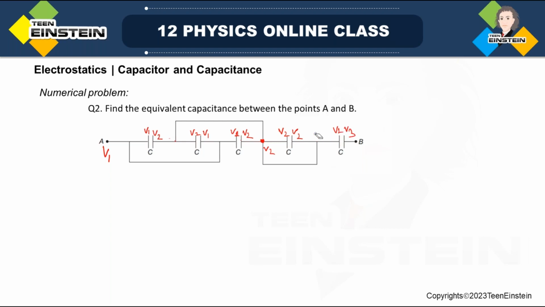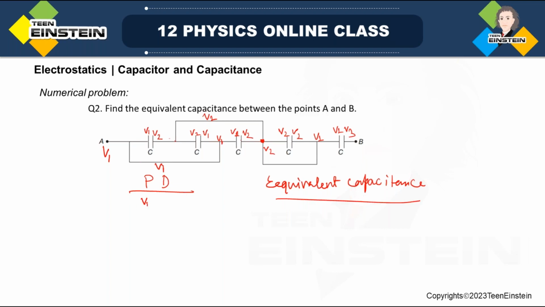So what I can write, look, potential difference and equivalent capacitance. I'll write here V1 goes up to here, V1. This is with V2, it goes up to here, and this goes up to here, like that.